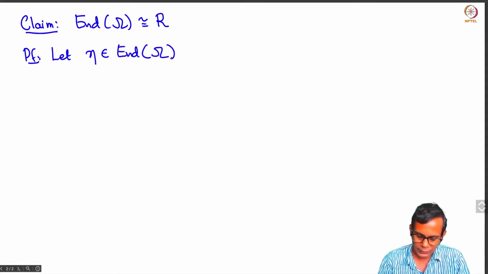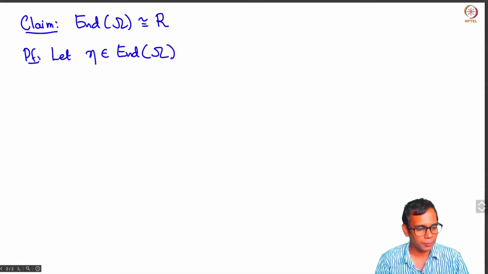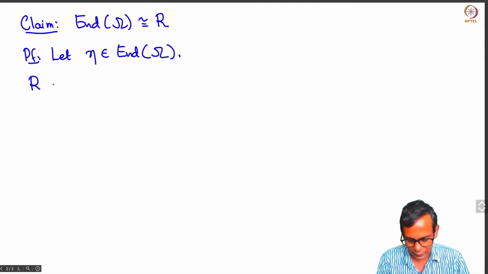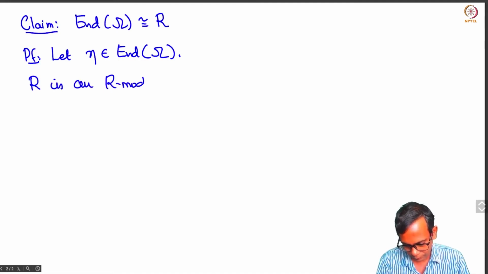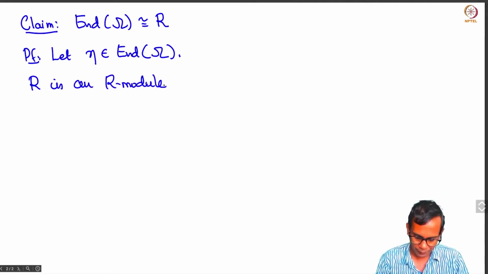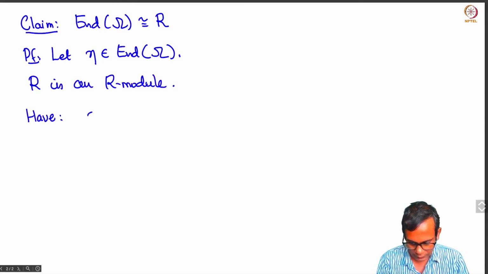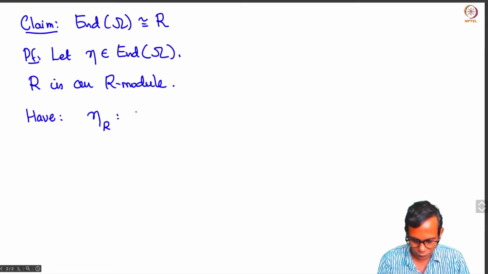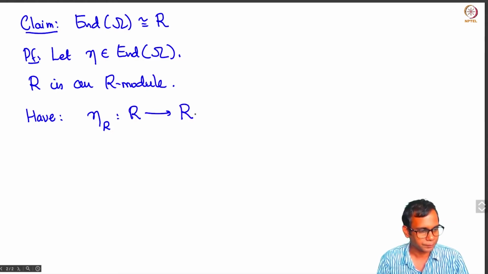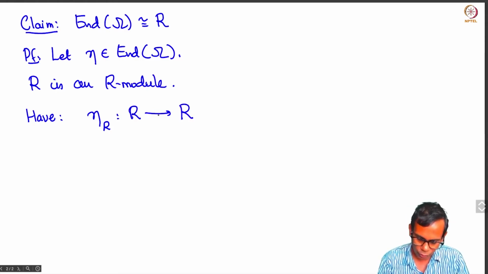And now the first hint as to how to solve this problem. Now, R itself is an R-module. R acts on itself by left multiplication. And so what we have is eta_R from R to R. So this should be an R-module homomorphism.